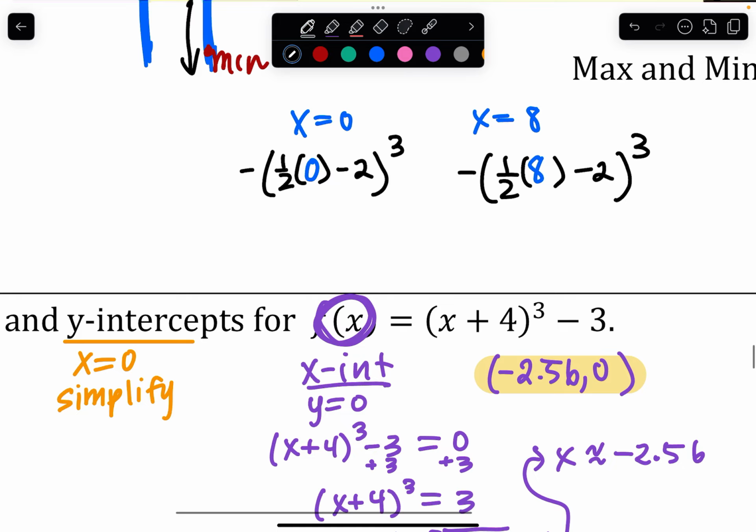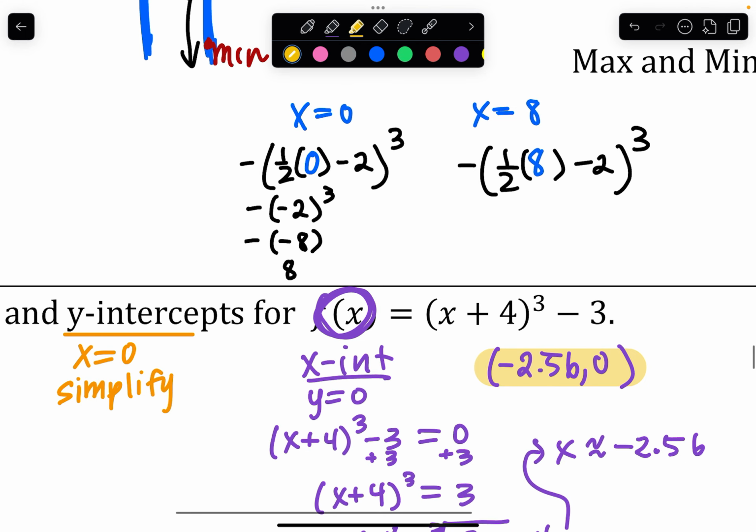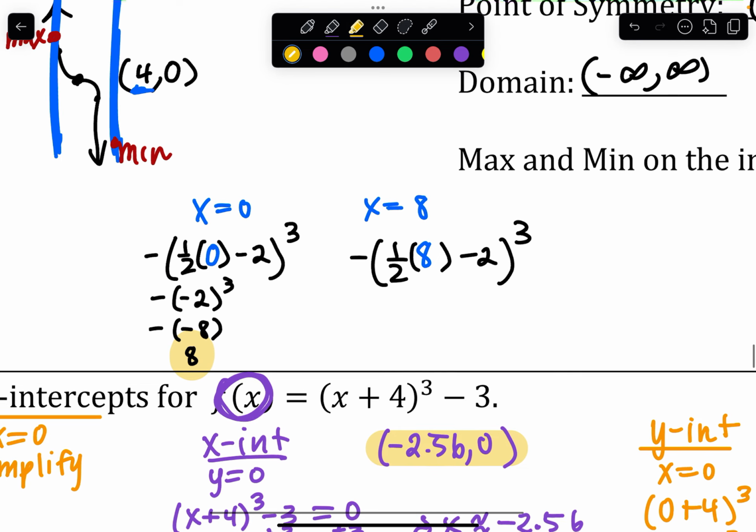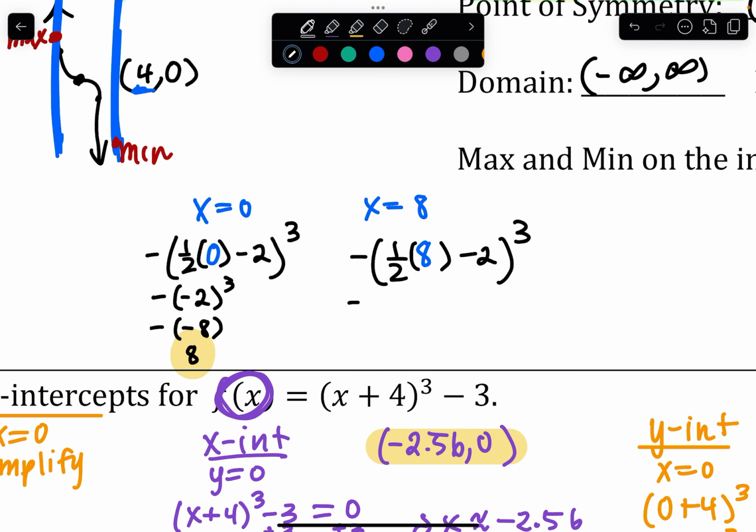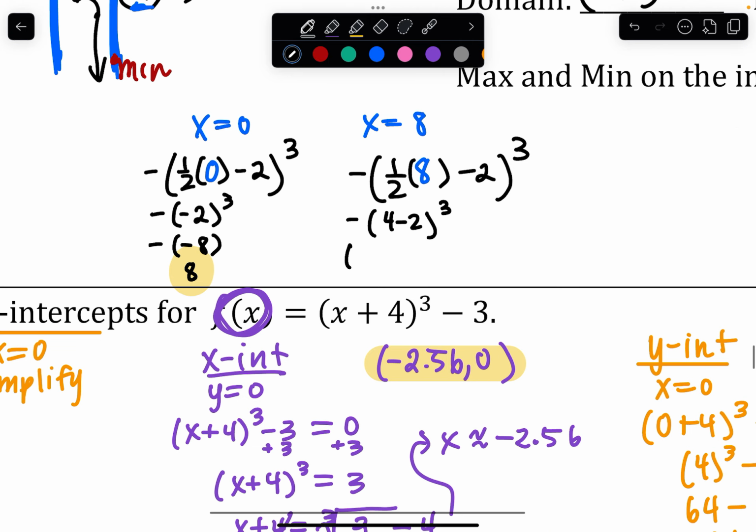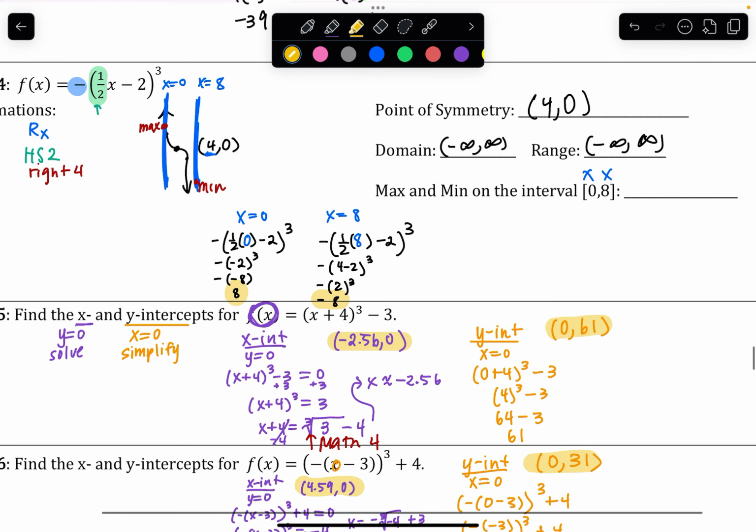Okay, so 1/2 of 0 is just 0, minus 2 is negative 2. Negative 2 cubed is negative 8. Negative 8 is positive 8. That's more like what you would see on a test. Here 1/2 of 8 is 4. 4 minus 2 is 2. 2 cubed is 8, so we have negative 8. And so our minimum is negative 8. Our maximum is positive 8.